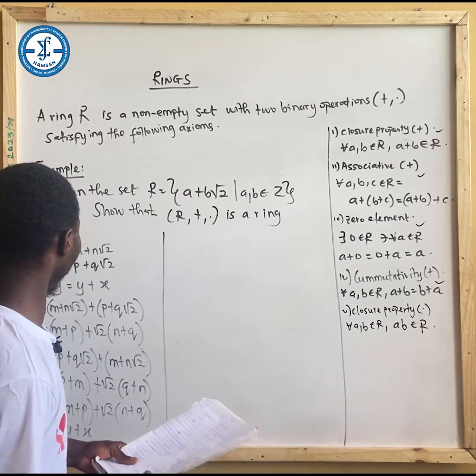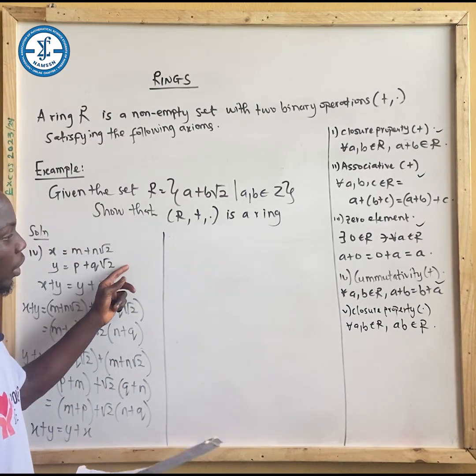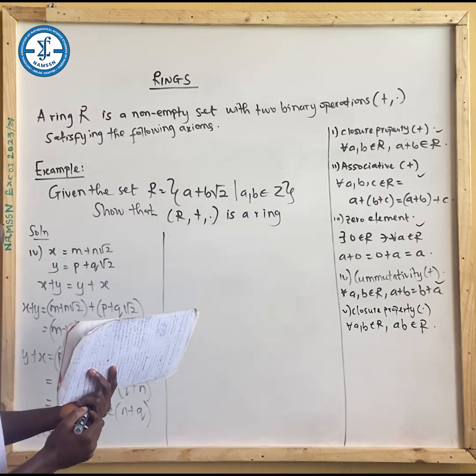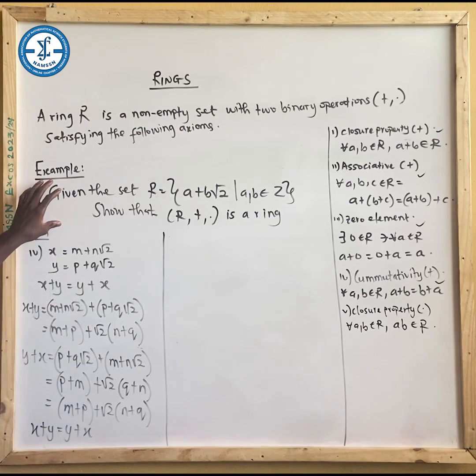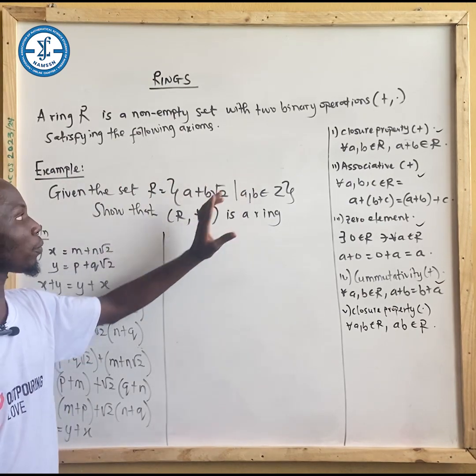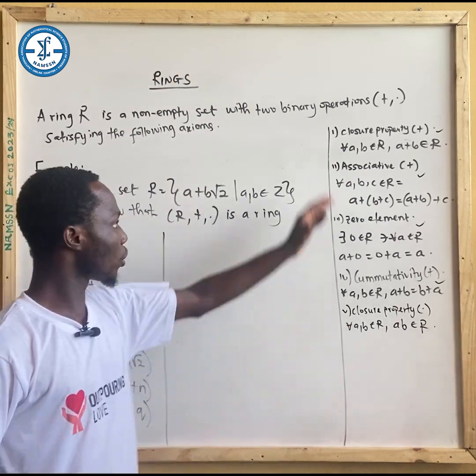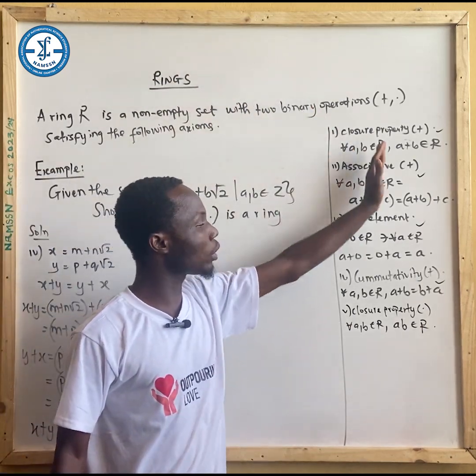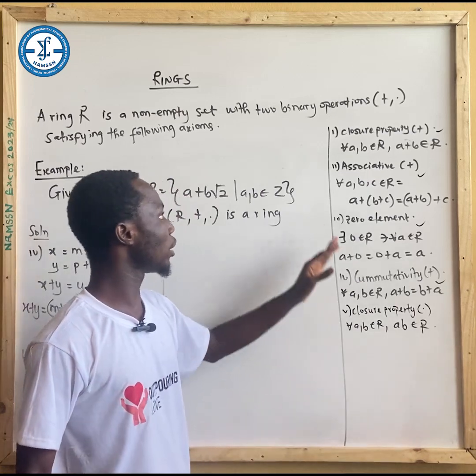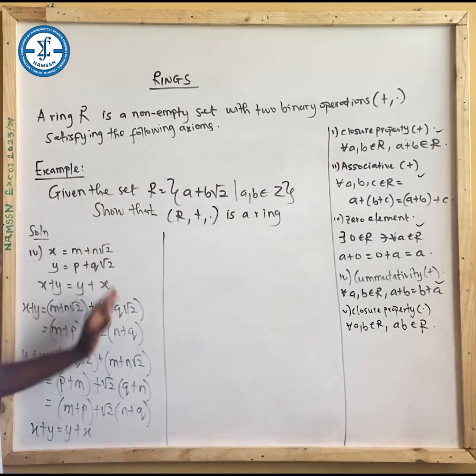Of R. So here I'm using my definition of x and y. So anytime you're asked, if you are given this in the exam, the first thing you have to do is to define what a ring is. So first define all the properties that satisfy a ring. Then you start taking each property and showing them one by one.